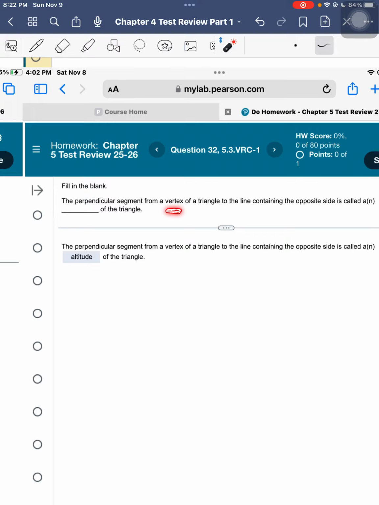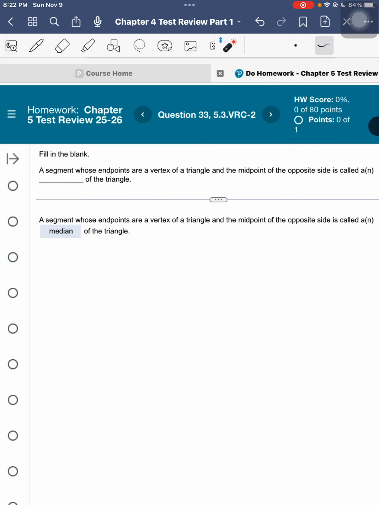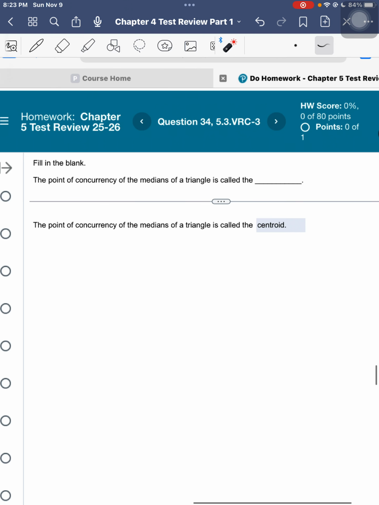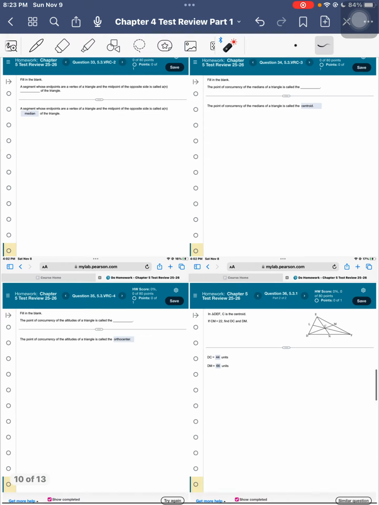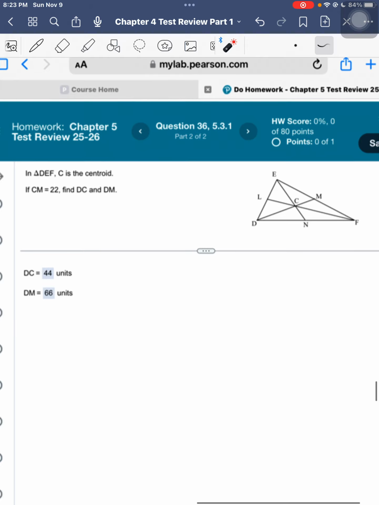And we know that the segment from the vertex to the midpoint of the opposite side is the median. So right now they just talked about altitudes, okay? A segment whose endpoints are a vertex of the triangle and the midpoint of the opposite side is called the median of the triangle. The point of concurrency of the medians of the triangle is called the centroid. The point of concurrency of the altitudes of the triangle is called the orthocenter. Oh, look, that was the next one. Okay. So now let's look at this one.